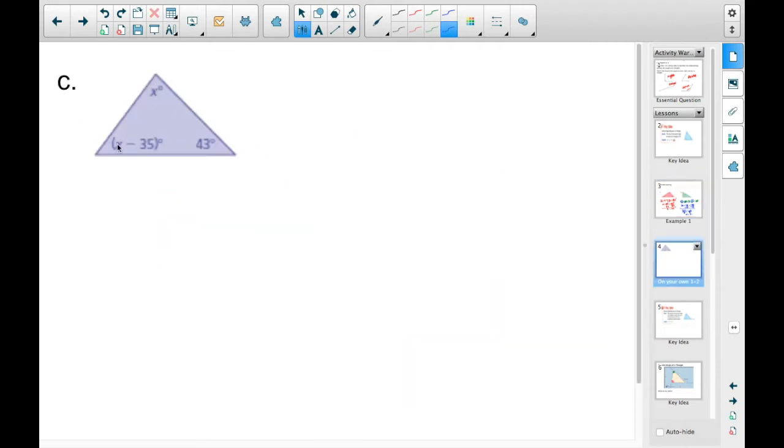Here's another question. We're using the interior angle measurements of a triangle. So we have x plus x minus 35 right here, and then the third angle, which is 43, equal to 180 degrees.